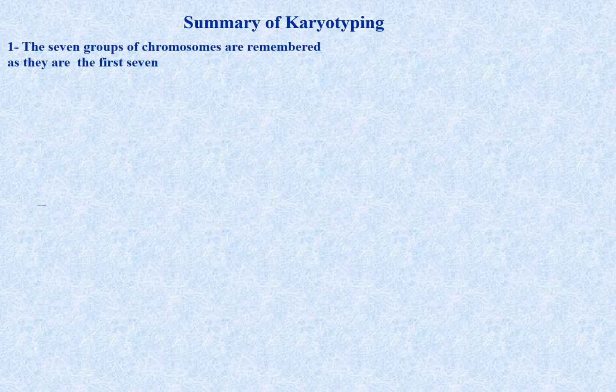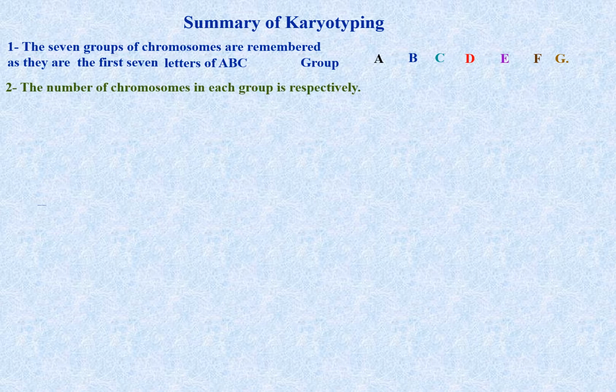Summary of karyotyping. The 7 groups of chromosomes are easily remembered as they are the first 7 letters of the alphabet. So they are Group A, Group B, Group C, Group D, Group E, Group F, and Group G. The number of pairs in each group is respectively 3, 2, 7, 3, 3, 2, 2.